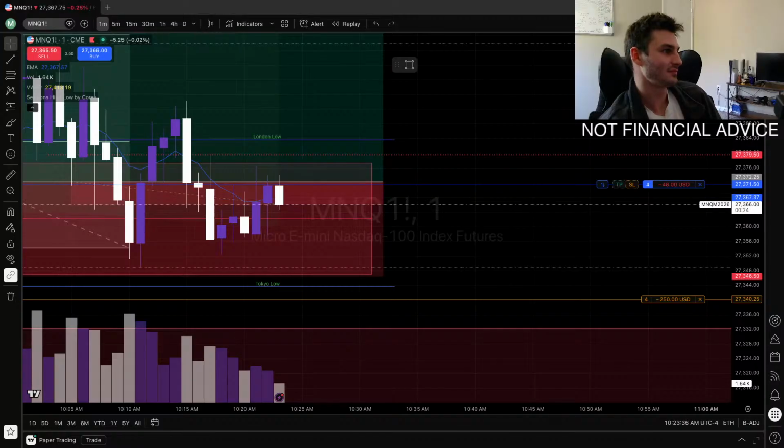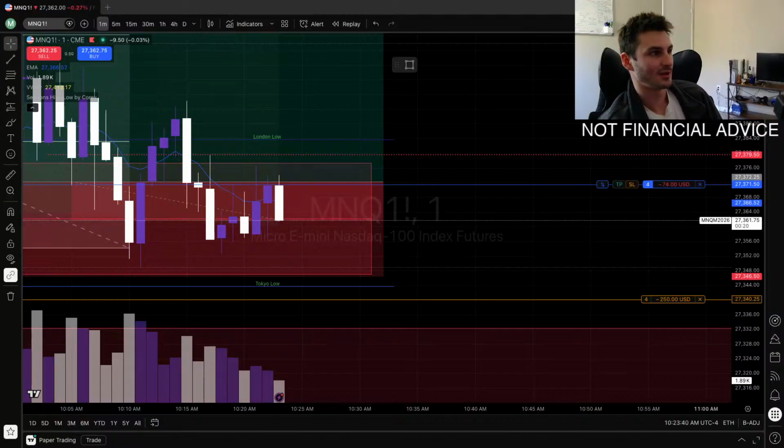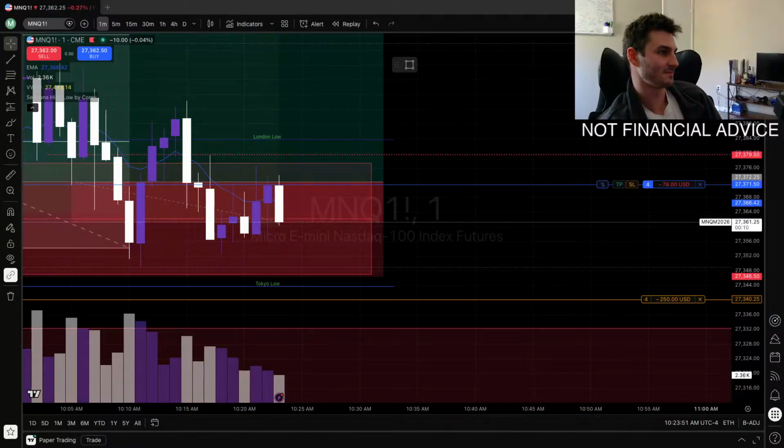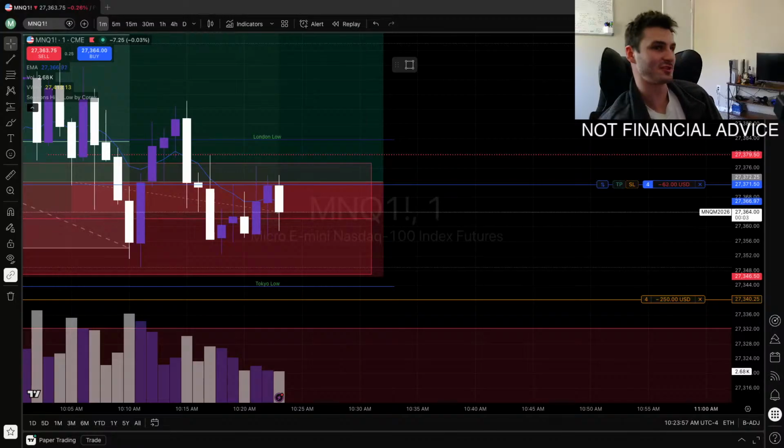Alright, if we can get above that red line, I'll move my stop just below the zone, but I'm not sure we're gonna get it. This thing's fighting pretty hard. For every 2 bullish candles, 1 bearish candle takes it out. It's not a good sign usually.